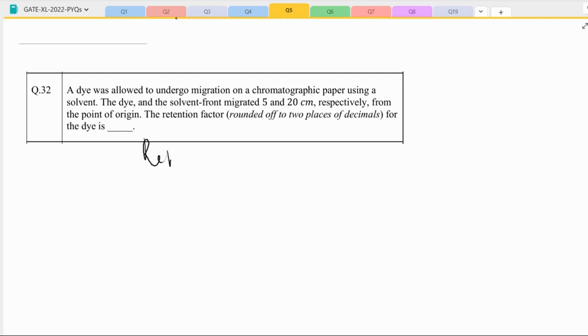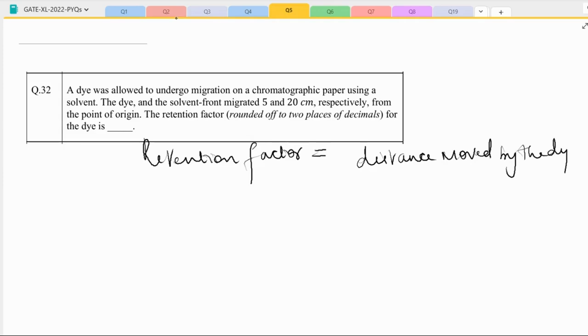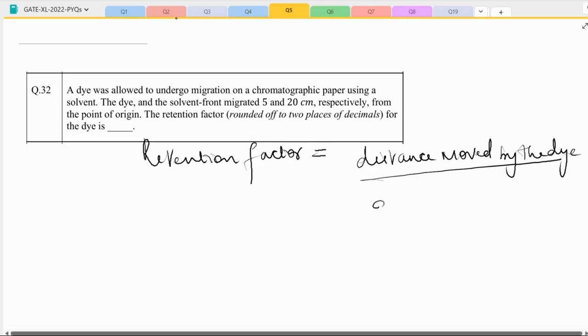So retention factor is given by the formula: the distance moved or traveled by the dye, divided by the distance moved by the solvent front.